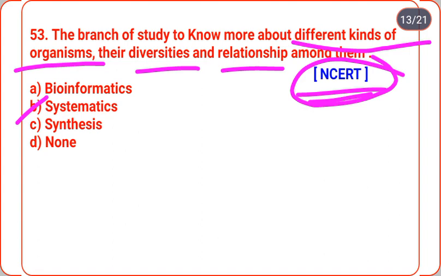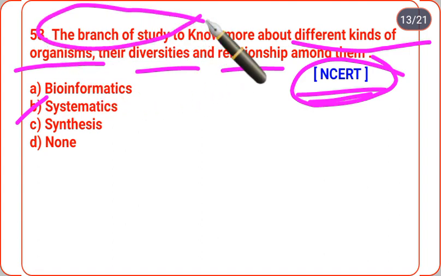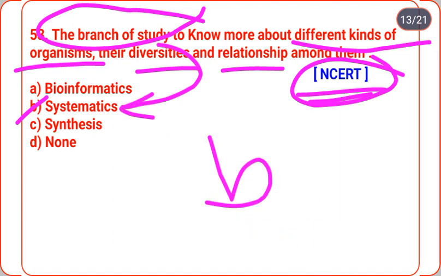The branch of study to know more about the different kind of organisms, their diversities and relationship among them is called systematics. Okay, so here option B is our correct answer.